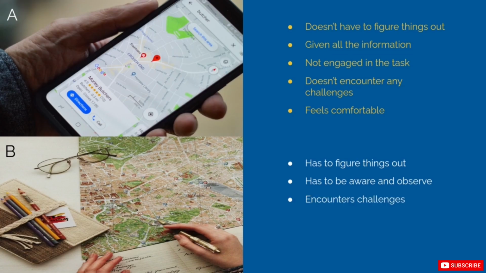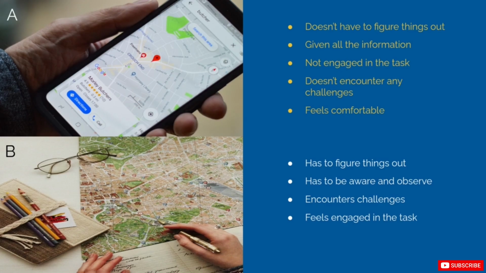And because you're figuring things out by yourself and you're having to look around in your environment, especially if this is a new location, you are absolutely going to encounter challenges. Maybe you can't even figure out where you are on the map at the beginning. And even though this might be difficult, it's going to make you engaged in the task. You're not going to be doing this while casually chatting to somebody or walking down the street.